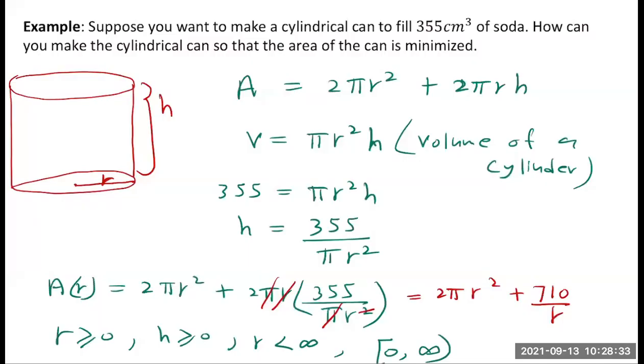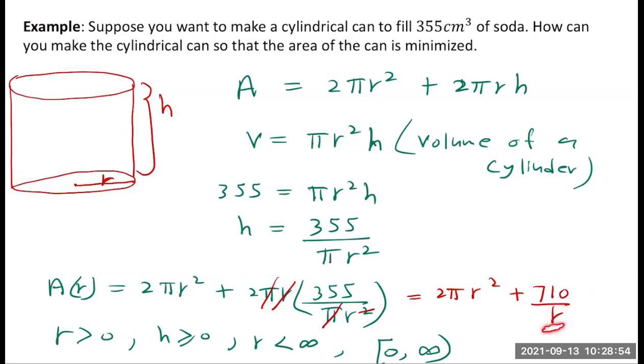By the way, here there's a small typo. Here it should be r greater than 0. Even though r should be a non-negative number, you have to have r greater than 0, because in this objective function you have r in the bottom, so we cannot let r be 0.